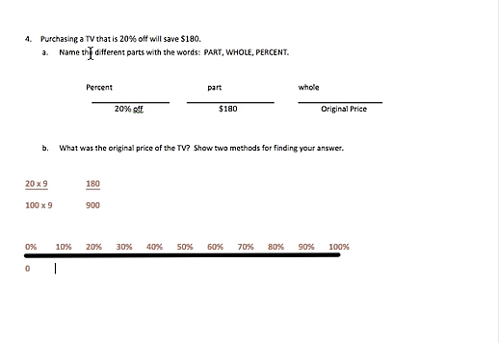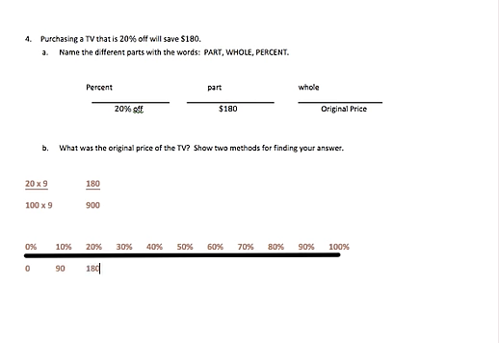And since our discount was 20%, and that discount was $180, 20% is equal to $180, we could divide 180 by 2, because there are 2 divisions to get to 20%. And 180 divided by 2 is 90. Again, we divide it by 2 because there are 2 divisions to get to 20%.